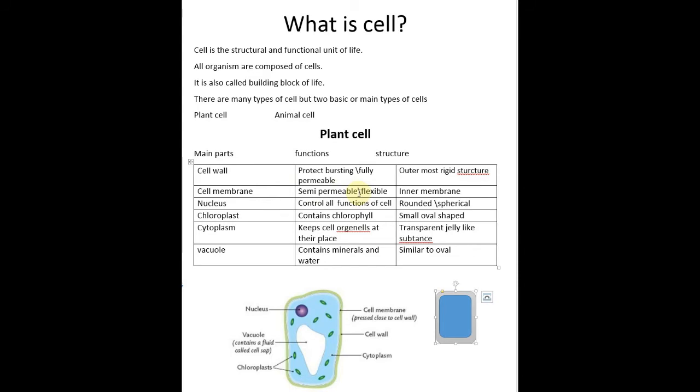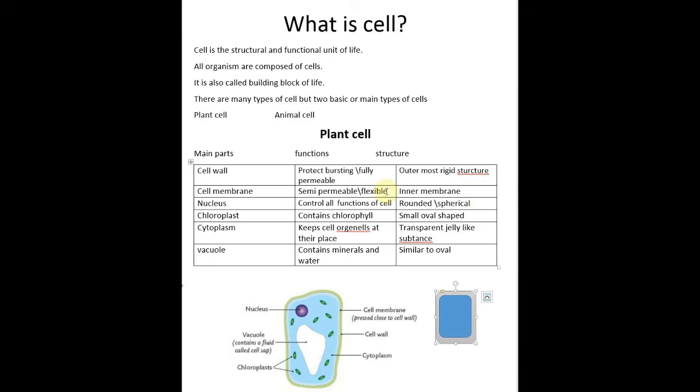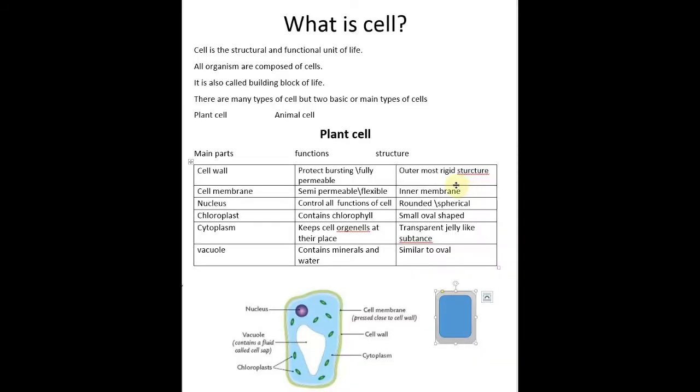It will only allow water. So that's why it is called semi-permeable membrane. It will only allow certain materials to pass through. And it is flexible to a little extent, not very much flexible. It is the inner membrane. The structure is almost the same, like the oval shape, or you can say the rectangular shape.